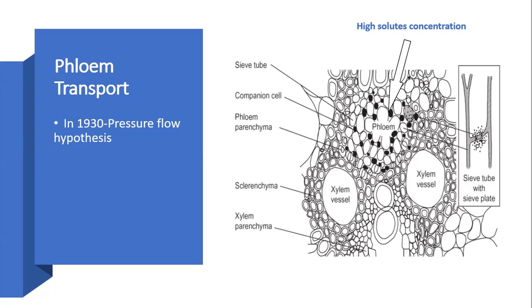The concentration of these solutes decreases the potential of the water, and that's why the fluid moves from higher potential towards lower potential. So all phloem transport is based on this pressure flow theory.